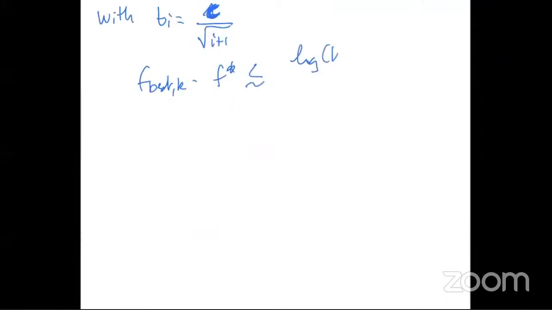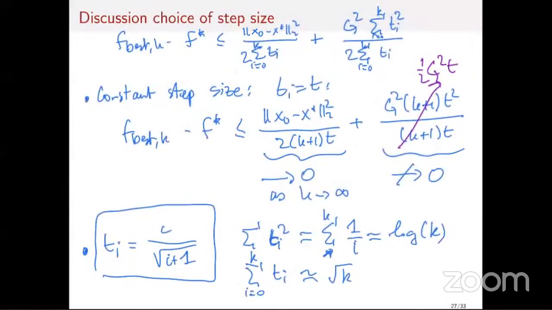With t_i equal to a certain constant divided by square root of i plus 1, you will get that f best k minus f star will be less than something like log k divided by square root of k. This is what you actually get.